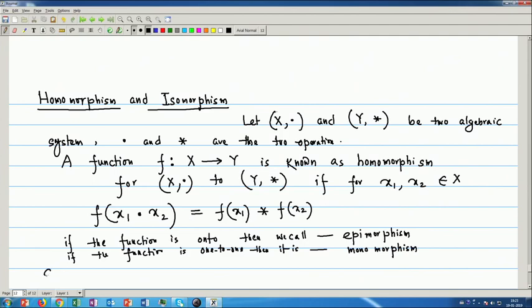And if the function is one to one and onto, then it is an isomorphism.